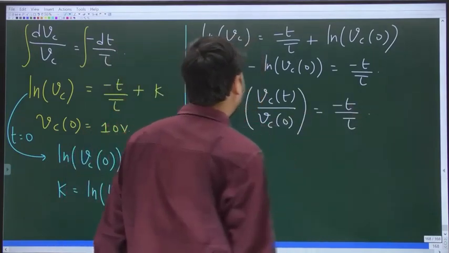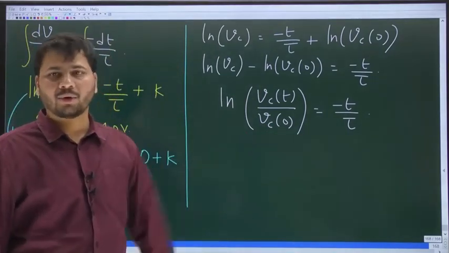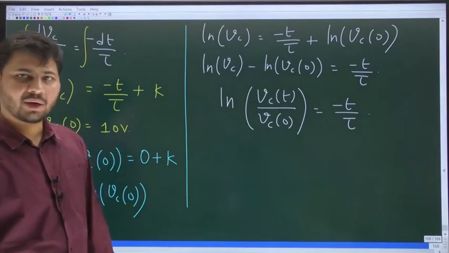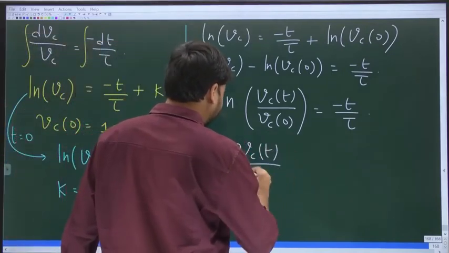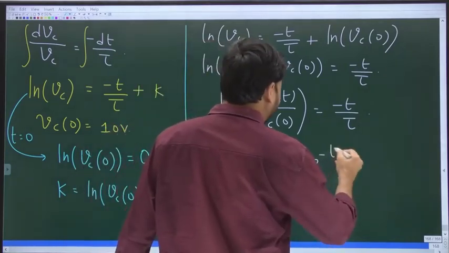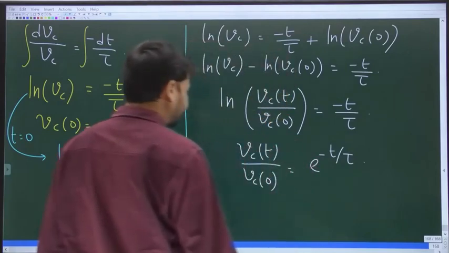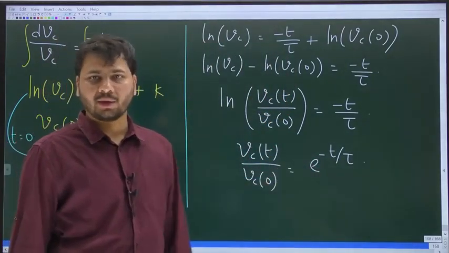So ln of Vc of t divided by Vc of 0 equals minus t by tau. Now how do you get rid of the ln? You take e power on both sides. Won't you get Vc of t by Vc of 0 equal to e power minus t by tau?